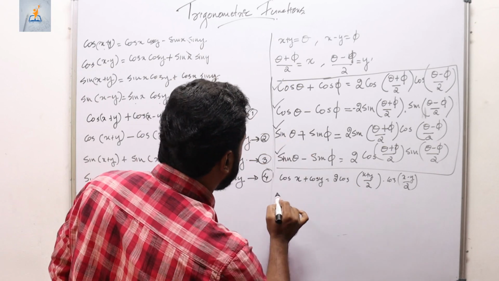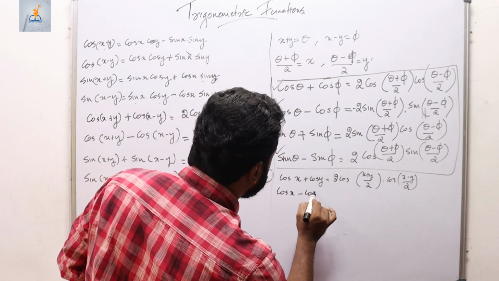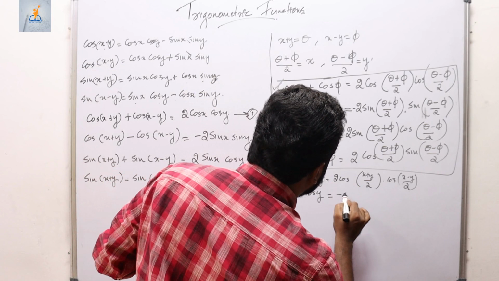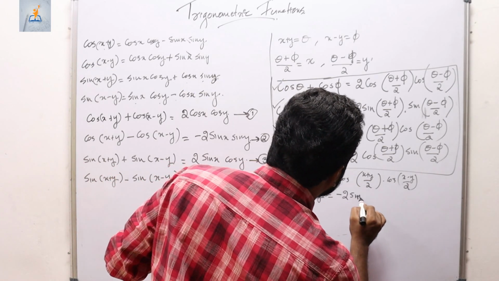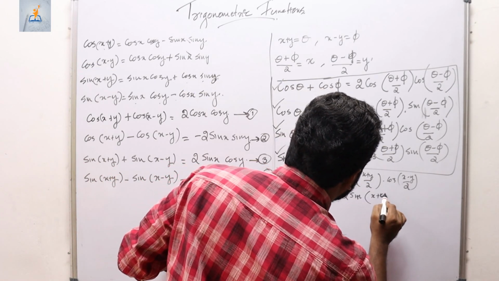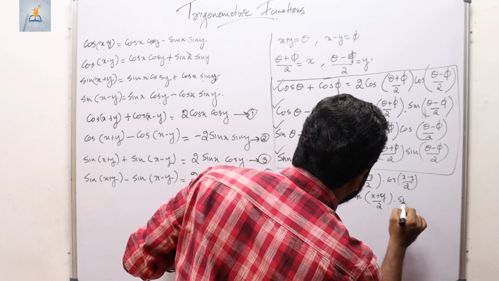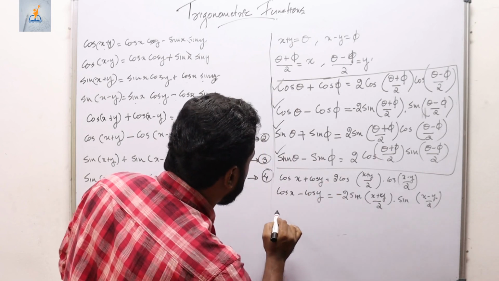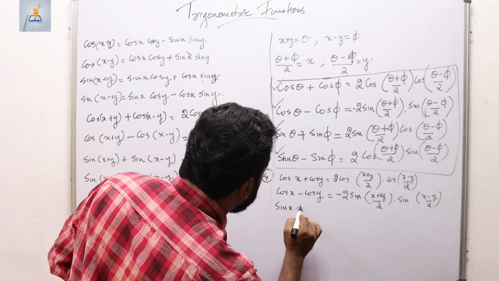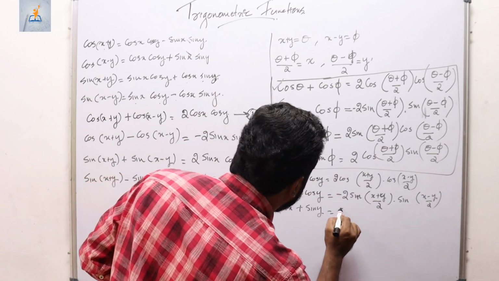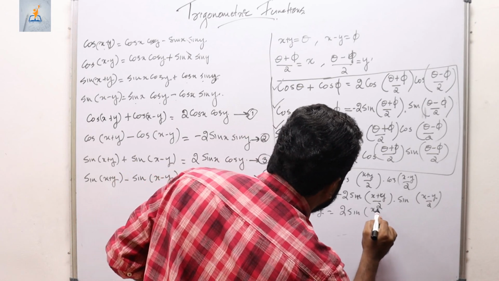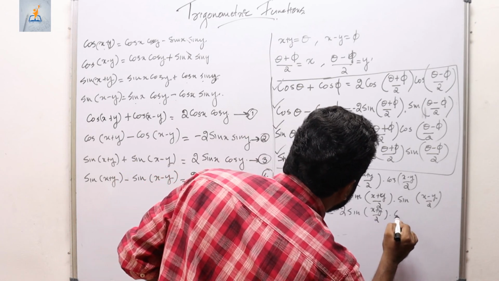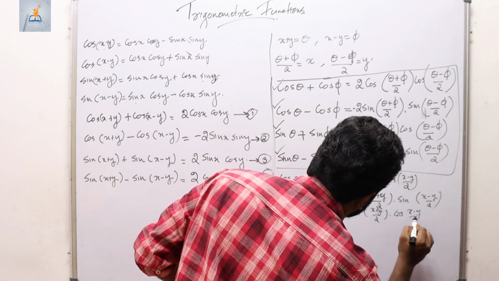So the second one will become cos x minus cos y is equal to minus 2 sin (x plus y)/2 into sin (x minus y)/2. And the third one will become sin x plus sin y is equal to 2 sin (x plus y)/2 into cos (x minus y)/2.